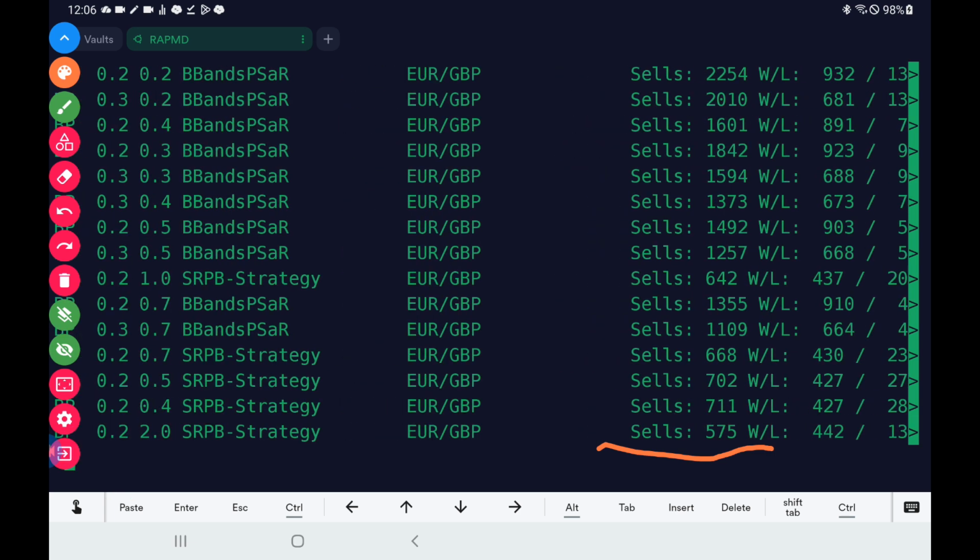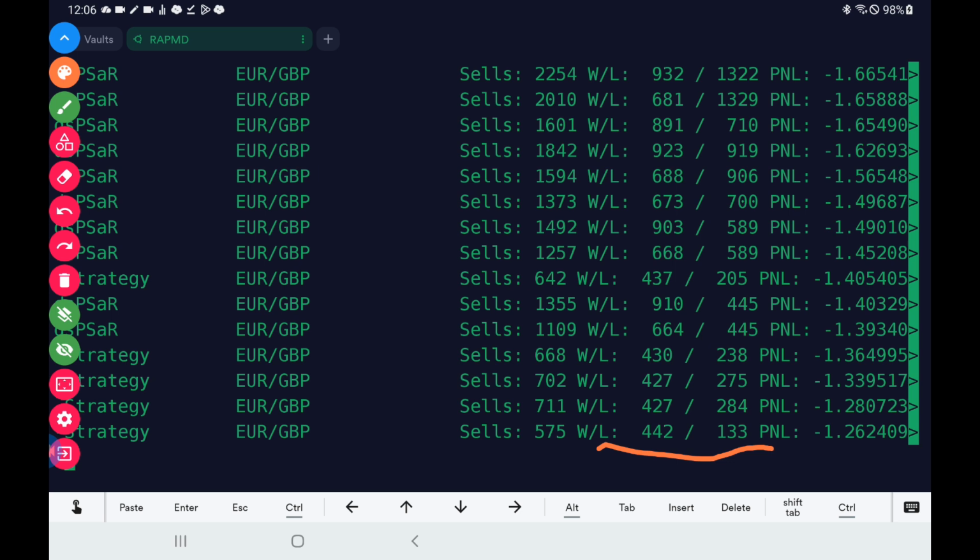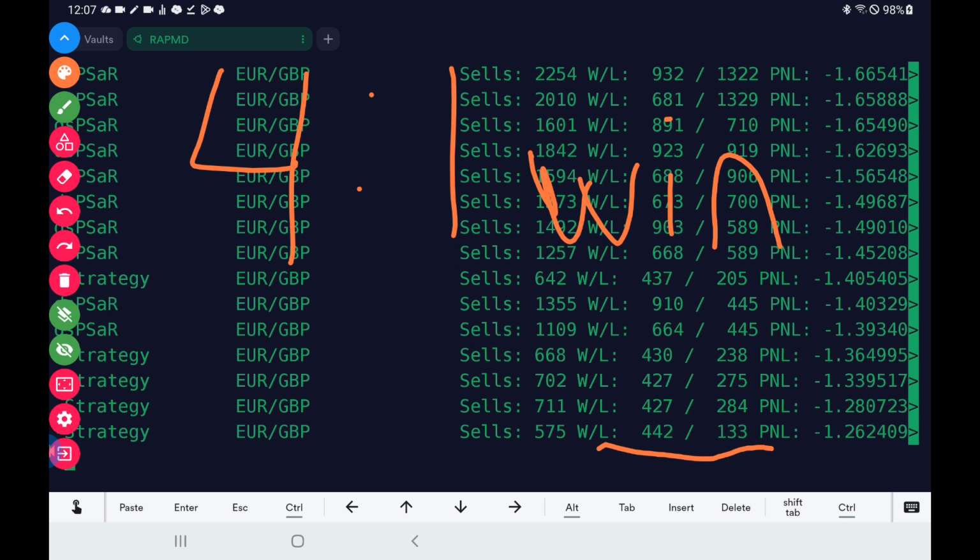This is a 0.2 take profit to a 2 stop loss, an extreme range that caused a 3 to 1, roughly almost 4 to 1 win rate, but still lost a huge amount of money. This win rate is phenomenal. A 4 to 1 win rate. That is impressive, but it's still a loser.